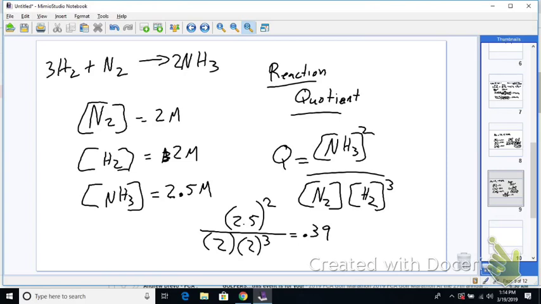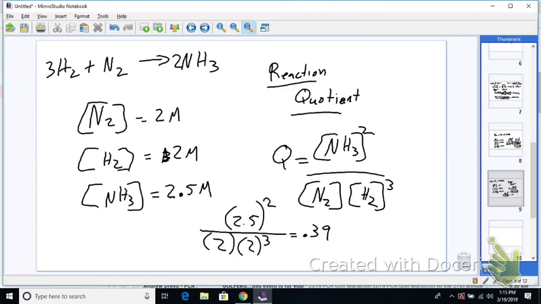Okay. So according to this, our value is bigger than our constant, right? So if it's bigger than our constant, what we have is more NH3 than reactants. Do you agree with that? So guess what? If we have more of NH3 than the reactants, which direction does it need to shift to get to equilibrium? Because all of these will eventually shift to get to equilibrium.